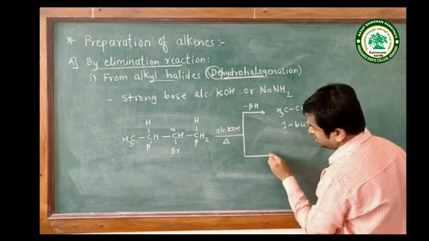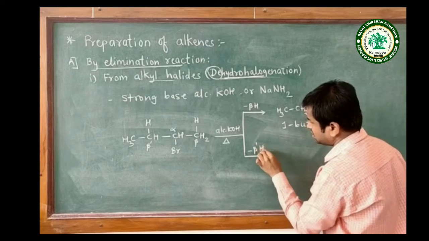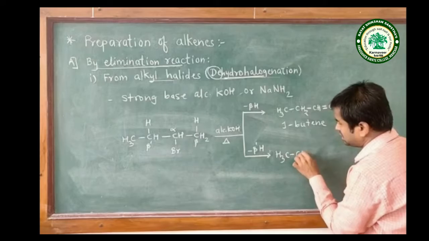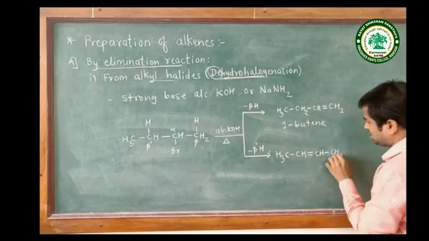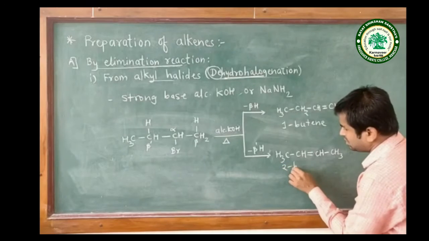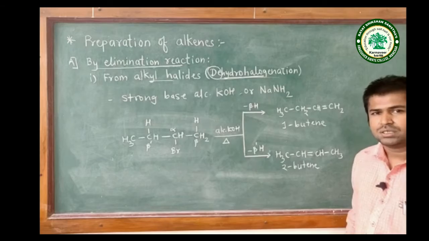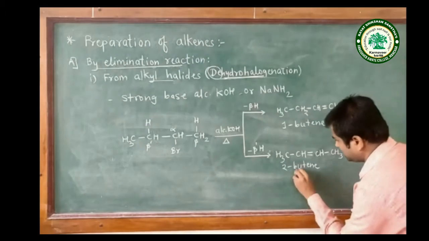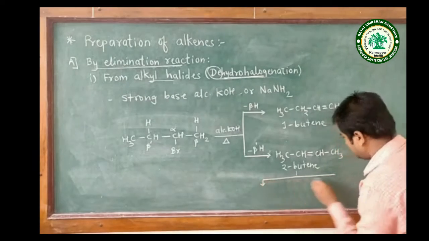Or if beta dash hydrogen is lost, then we get CH3CH=CHCH3, 2-butene. Getting this? 2-butene has two isomers. One is trans isomer, another is cis isomer.